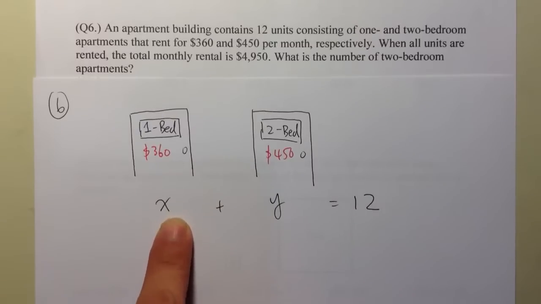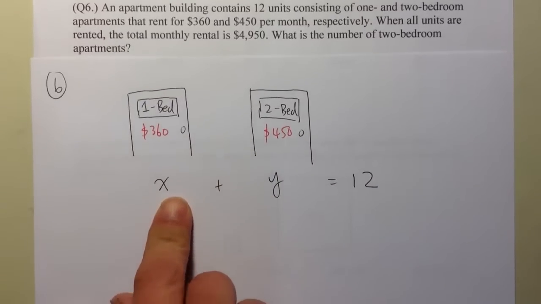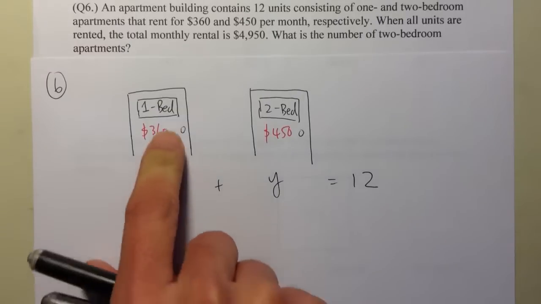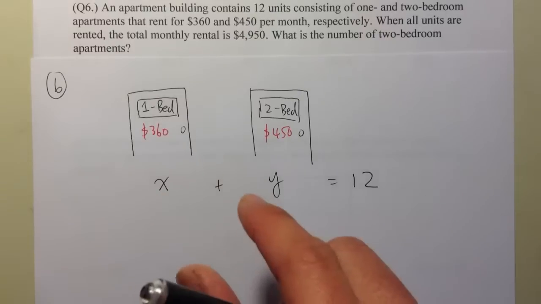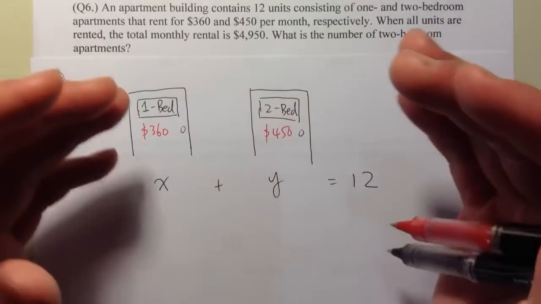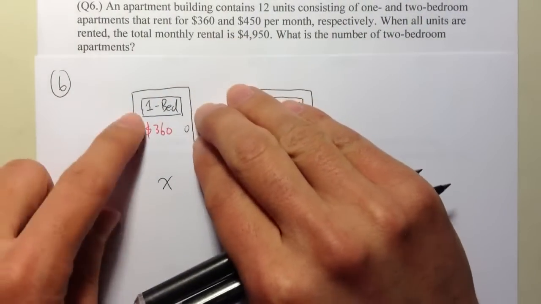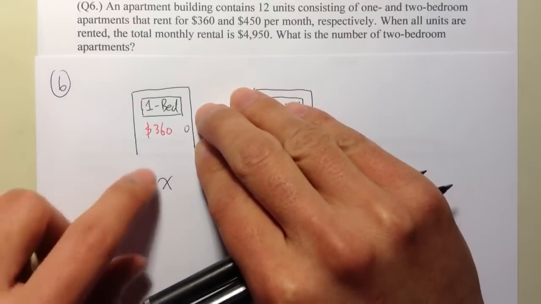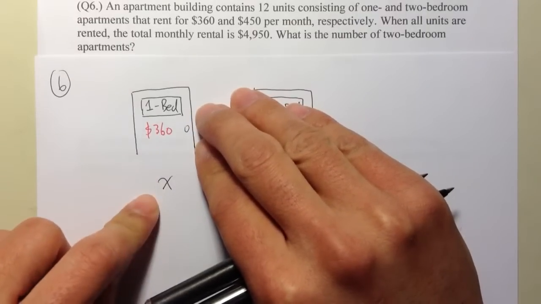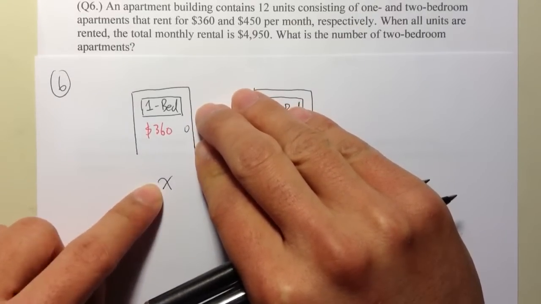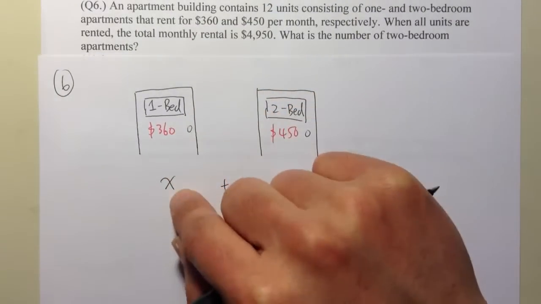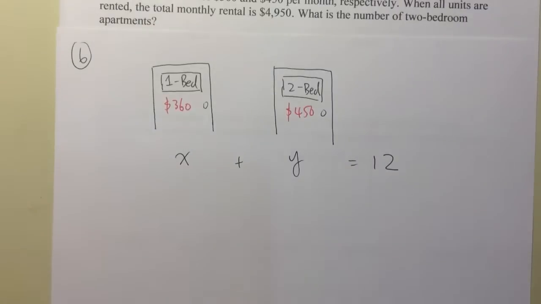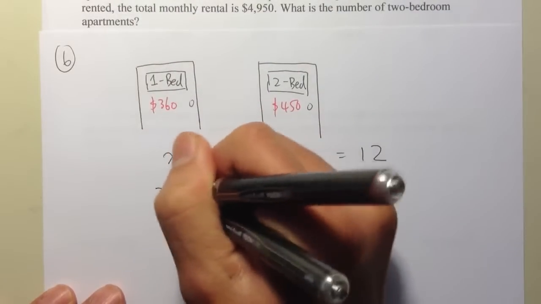Just think about it: if I have two of the 1-bedroom, then I can just do 360 times 2, which is 720, and that will be how much money we get from renting out the 1-bedroom apartments. But I don't know how many 1-bedroom apartments I have. I just have an X. But as I said, I just need to multiply 360 with the X. Then that will be how much money we can get from the 1-bedroom apartments.